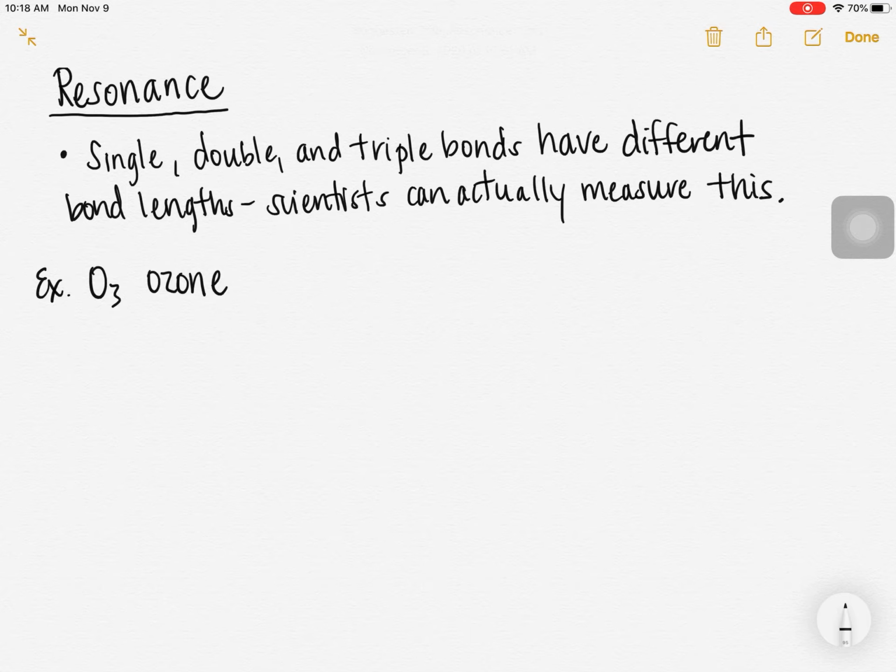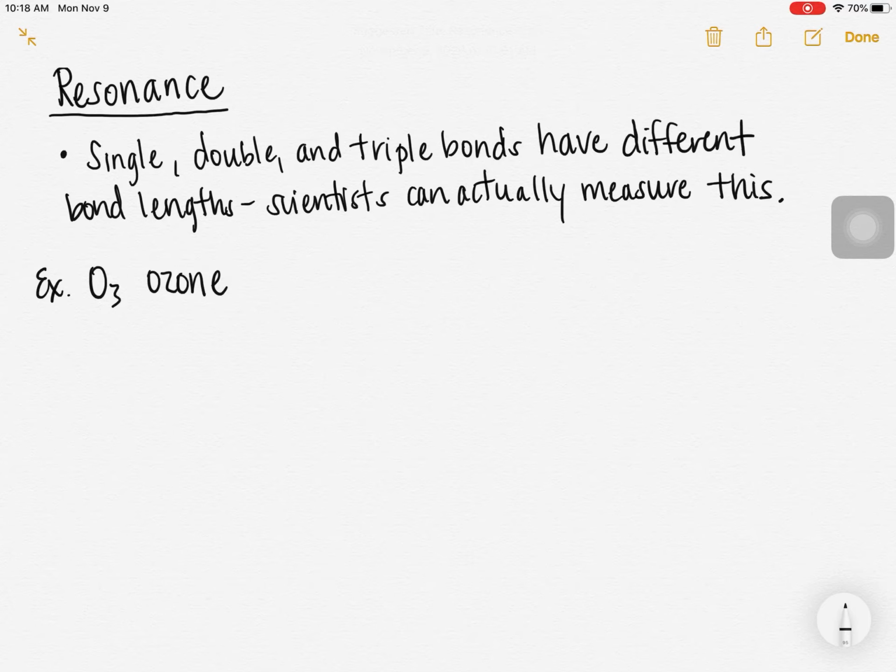But the big takeaway point is that single, double, and triple bonds all have different bond lengths, so the distance between the atoms. And that's something that may be contrary to popular belief, that scientists can actually measure that. They can measure the distance between those atoms, and that is called a bond length.